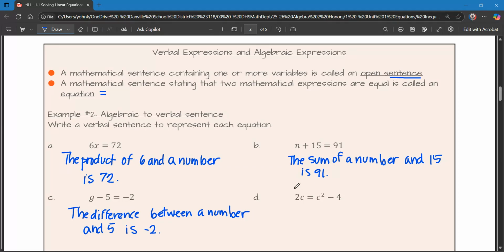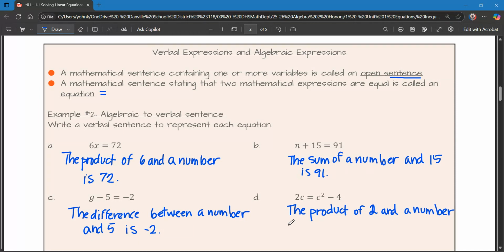And finally, letter D, 2c equals c squared minus 4. So 2c is multiplication, so that's product. The product of 2 and a number. You could also say twice a number.